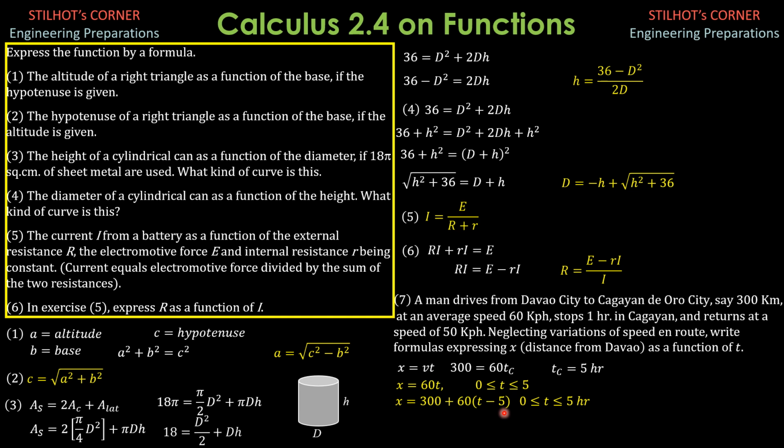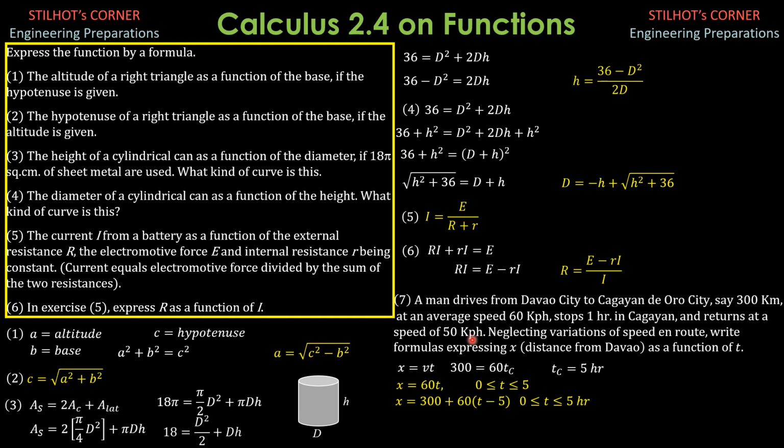Since between 5 and 6 hours, why 6? Because in returning to Davao, the speed is 50 kilometers per hour, so 300 equals 50 times time.